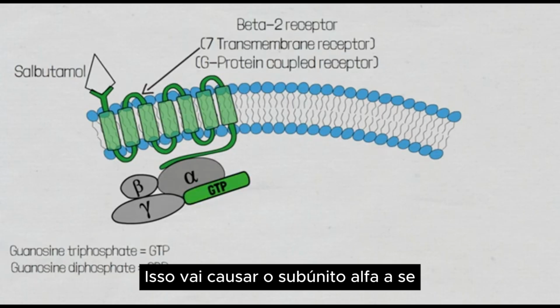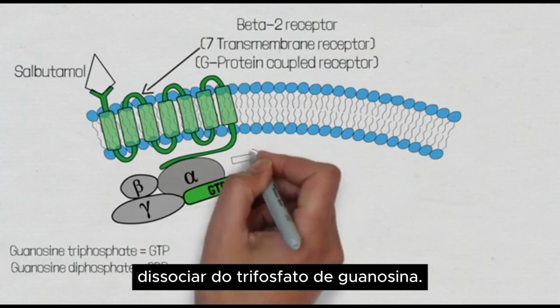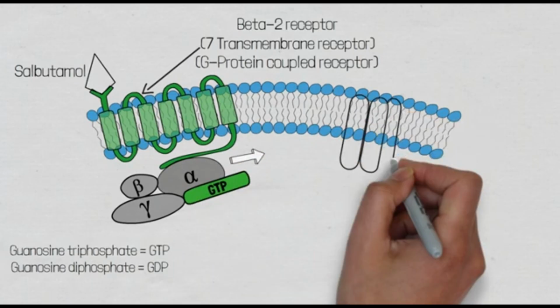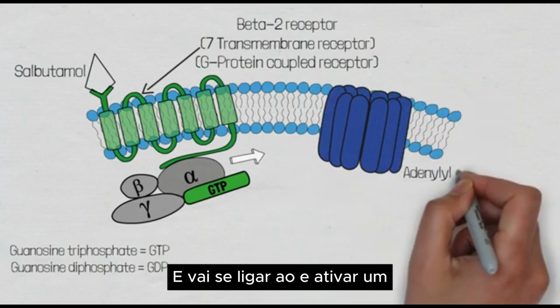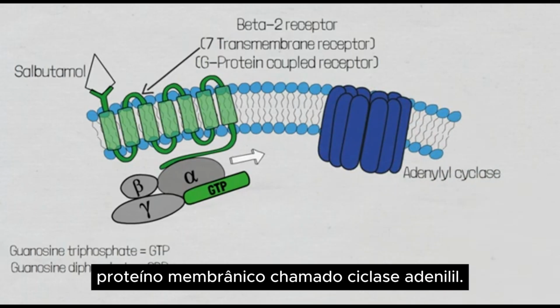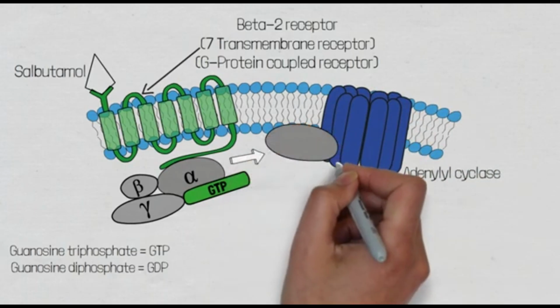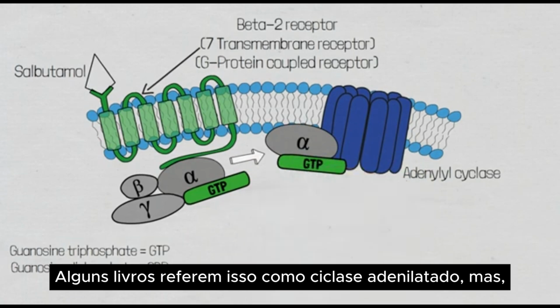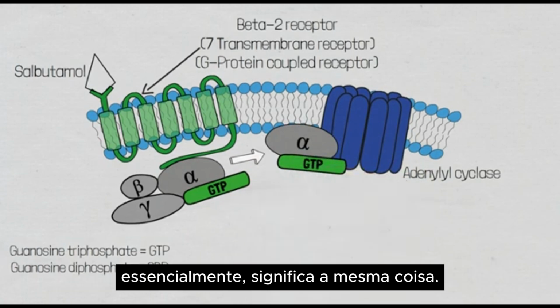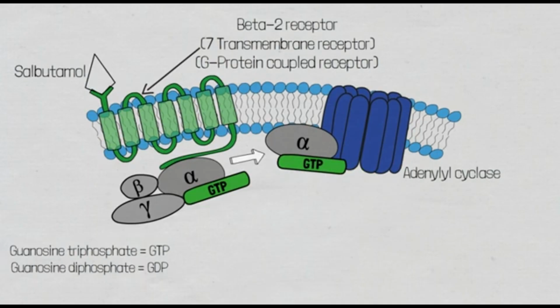This will cause the alpha subunit to disassociate from the beta and gamma subunits and will then bind to and activate a membrane-bound protein called adenylyl cyclase. Some textbooks will refer to this as adenylate cyclase, but essentially it means the same thing.